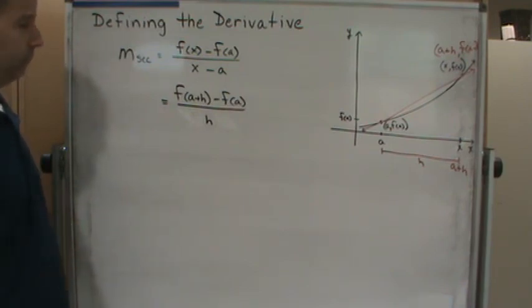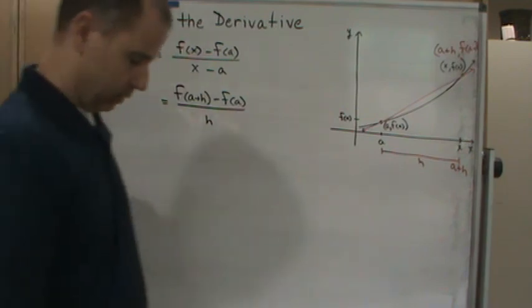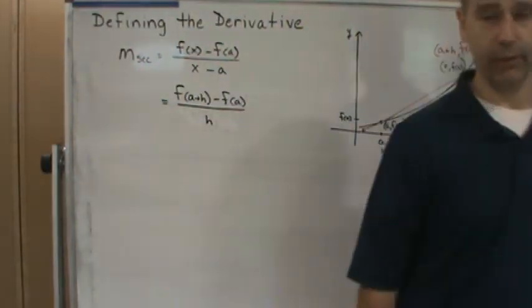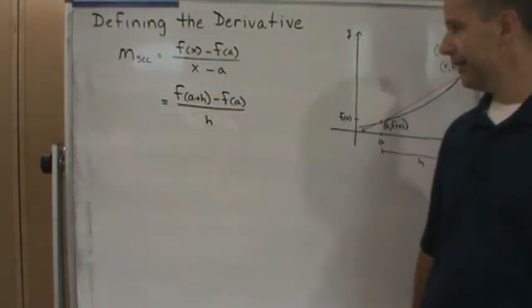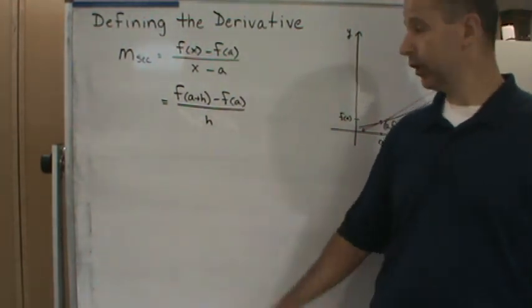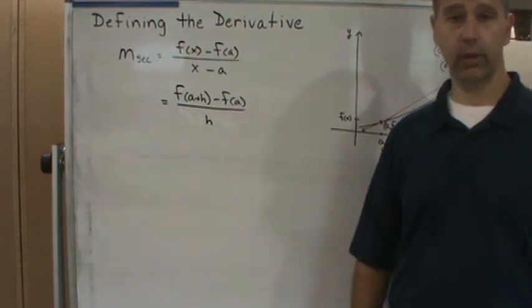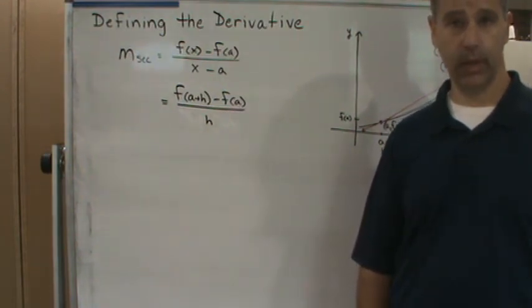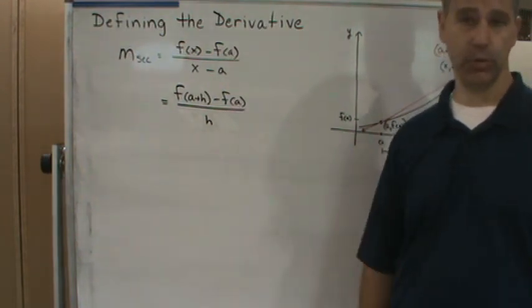And that is the essence of what we're going to call the derivative. And this slope formula we are going to call the difference quotient.